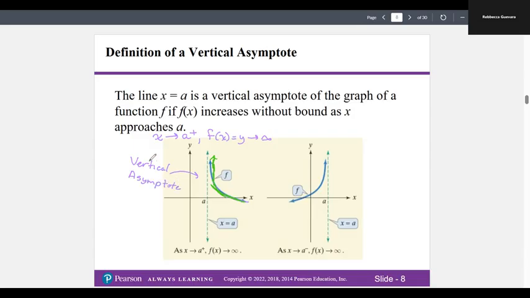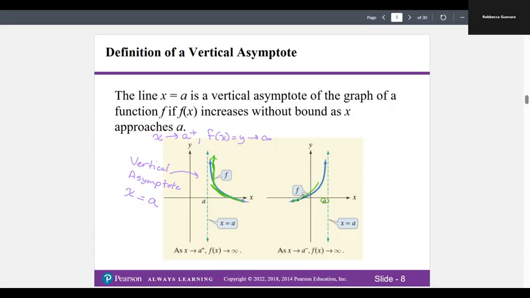So don't forget about asymptotes, because you will have asymptotes again in pre-cal. And we would call this line, because this is a vertical line going through x equals a, it's going to be a vertical asymptote, x equals a. Or you just call it x equals a. On this side, we are approaching a.